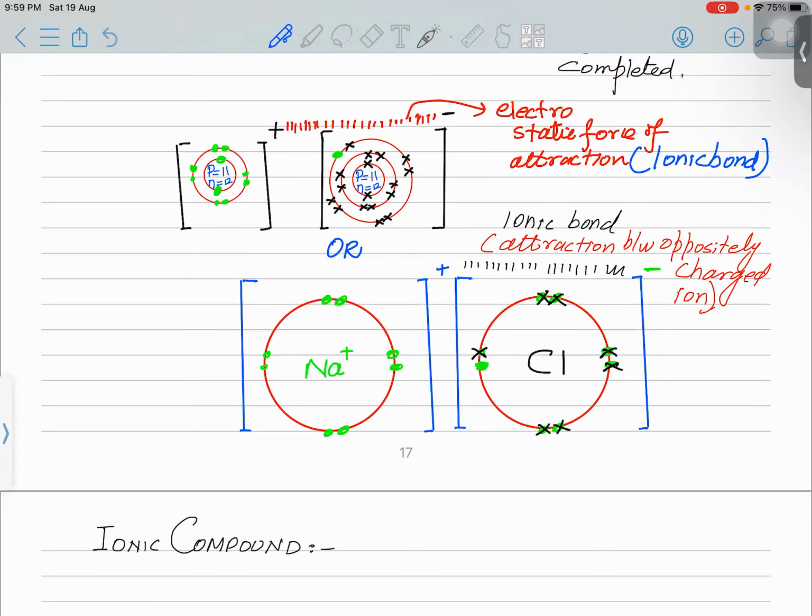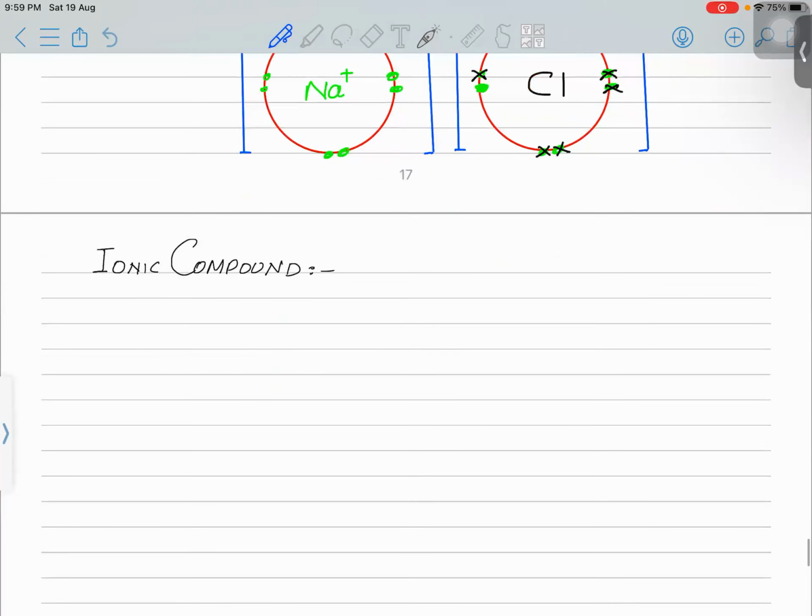Okay then. So what are ionic compounds? It's the attraction between oppositely charged ions of different elements. So one is metal, second one is non-metal.